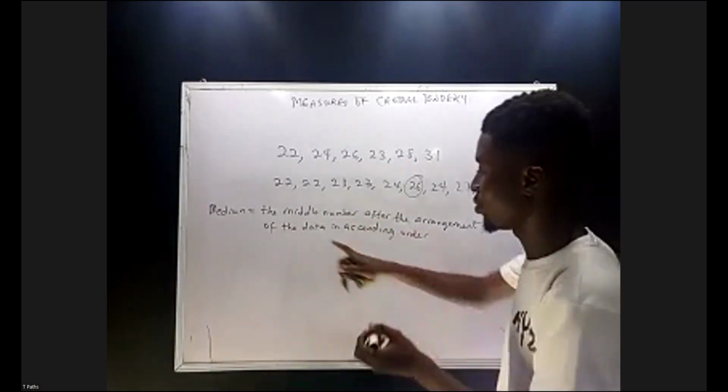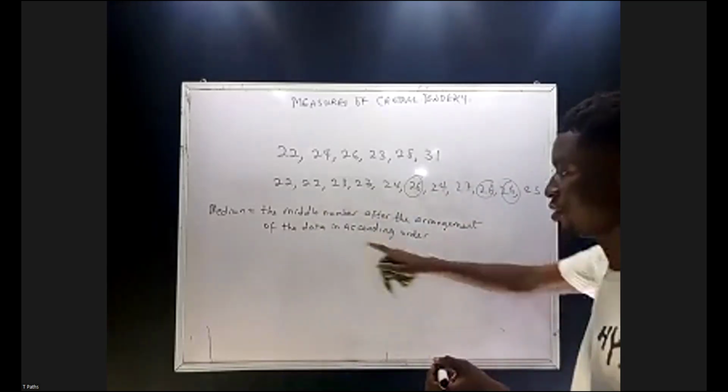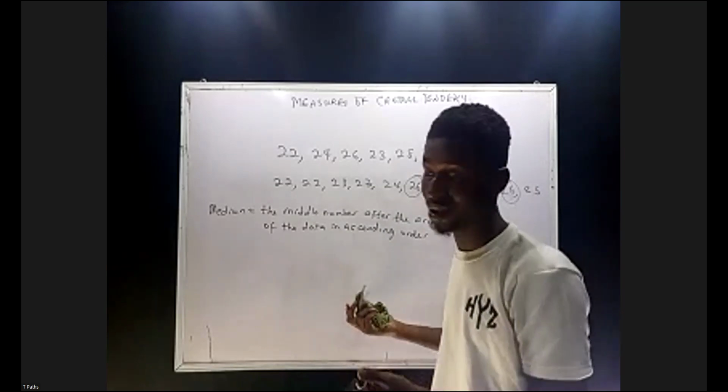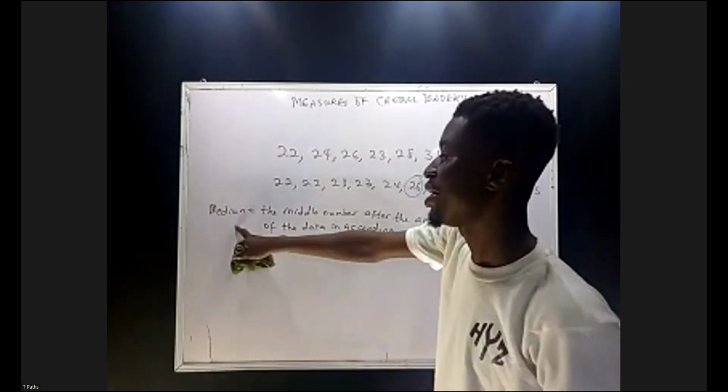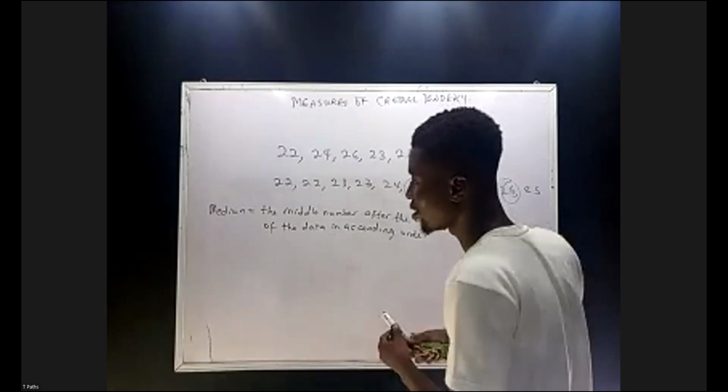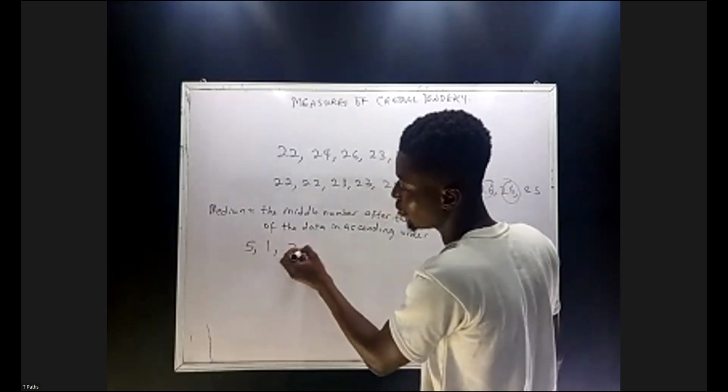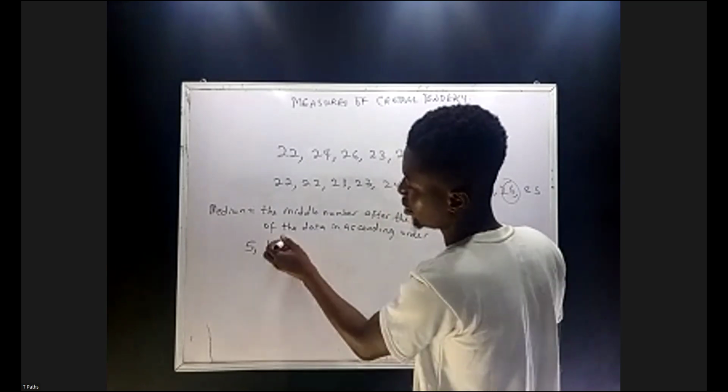Your median is the middle number after the arrangement of the data in ascending order. Your data can be scattered, so to get the median, you need to first of all arrange the data.